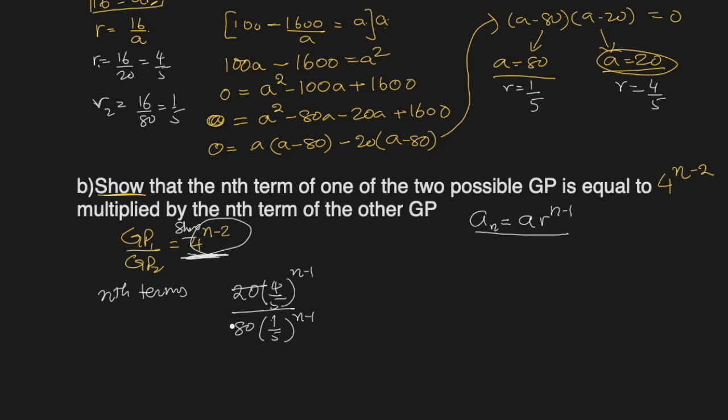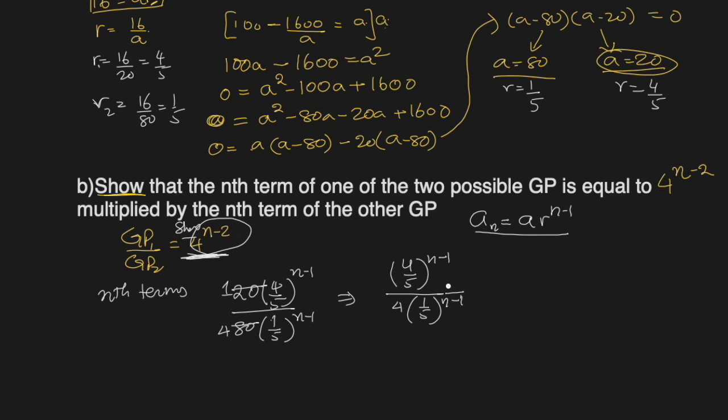So we can see 20 and 80 cancel, 4 here and 1 here. So what do we get? 4/5 to the power n minus 1 divided by 4, 1/5 to the power n minus 1.